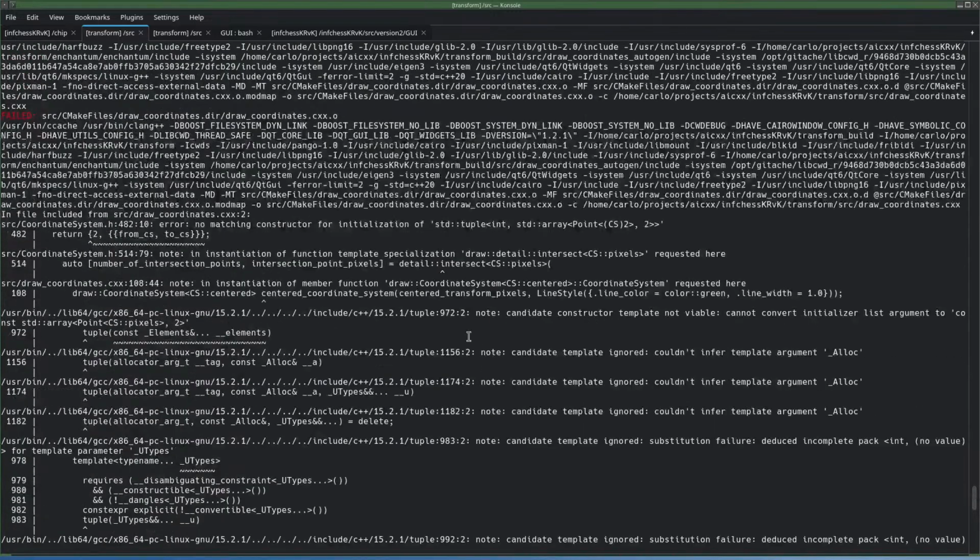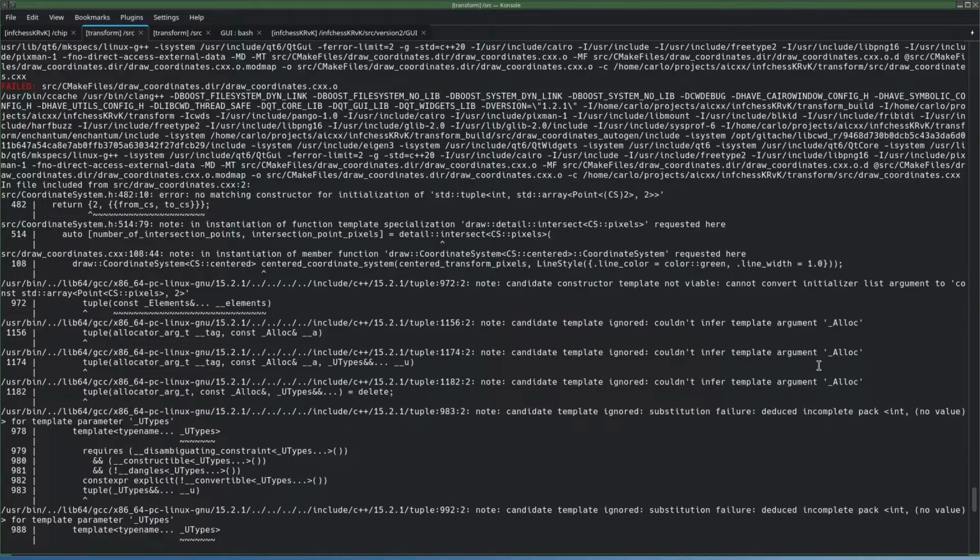Also not. No matching constructor for initialization of tuple. Function template specialization requested here. Cannot convert initializer list argument to const std::array. Candidate template ignored, couldn't infer template argument.